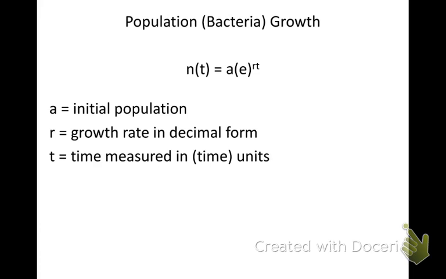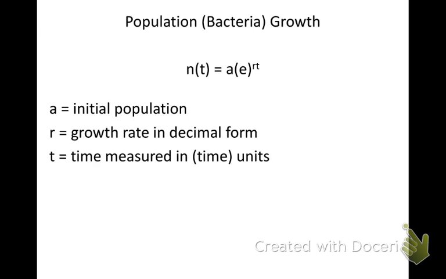Instead of A, they're using N of T. Instead of P, they're using A. E is still E, and R and T are still R and T. So A is my initial population. R is that growth rate. It's still the rate, just a growth rate in decimal form. Still have to write it as a decimal. And T is still that time measured in units. So that N of T is going to give me my future population.